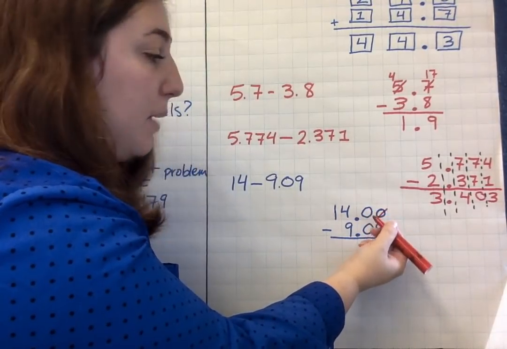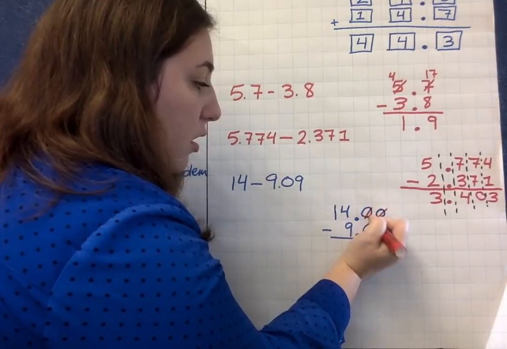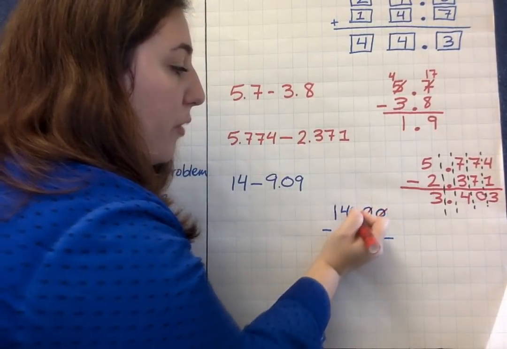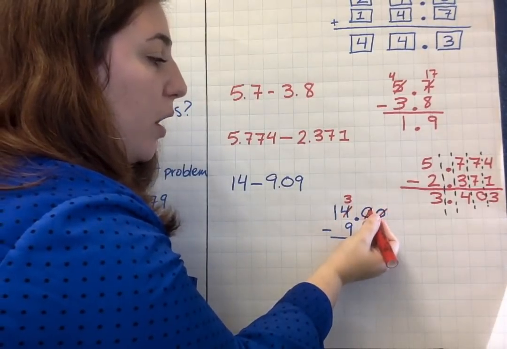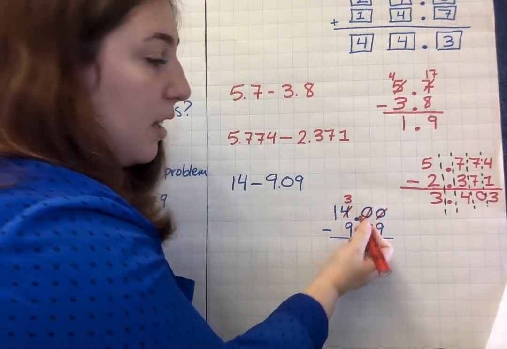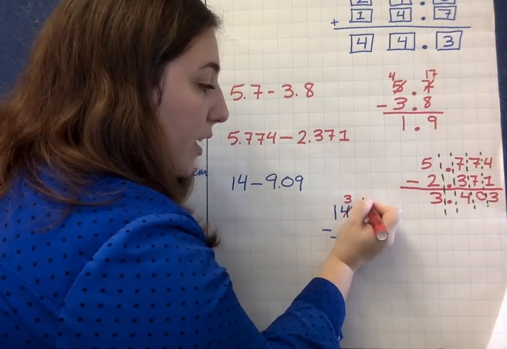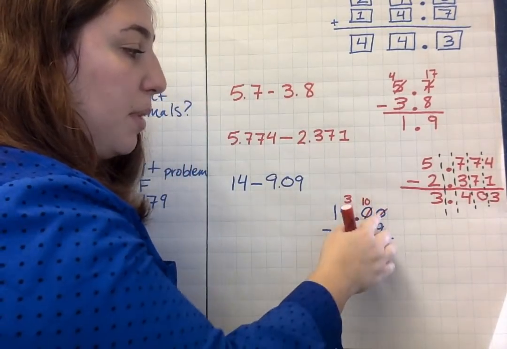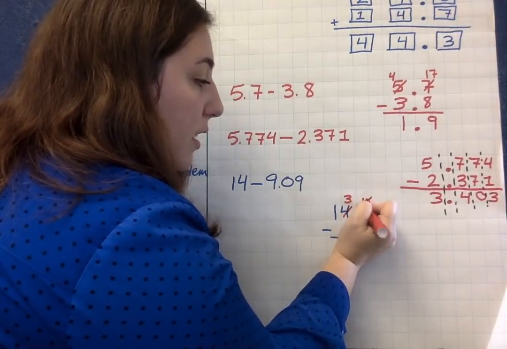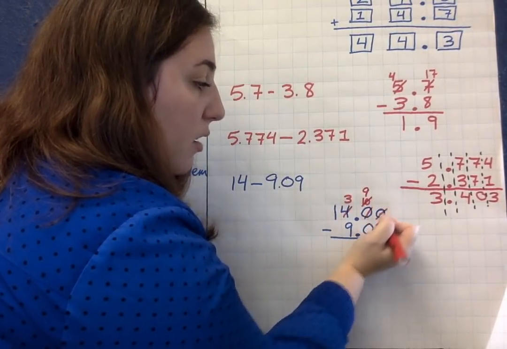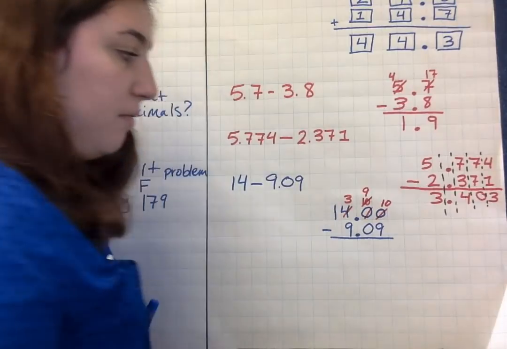So then I need to keep going to my left, okay, to borrow. So I can borrow from this 4. So I'll make that a 3, and I'll give 1 over here. So giving 1 means that when it gets here, it's actually 10. But then this one needed to borrow from that. So this now becomes 9, and this becomes 10.